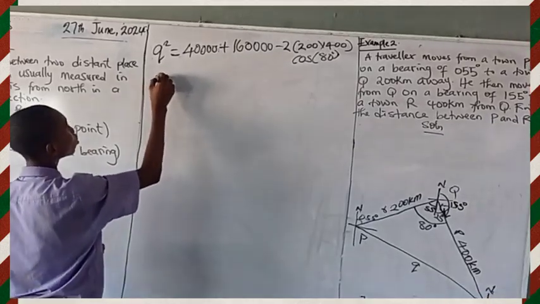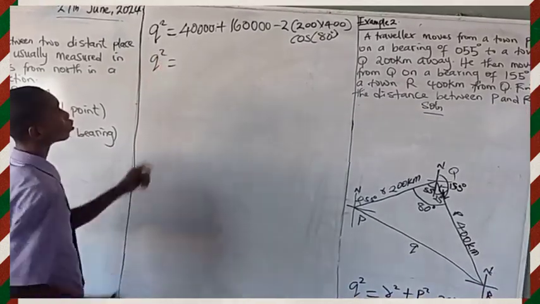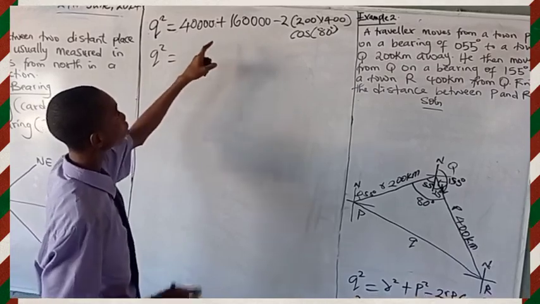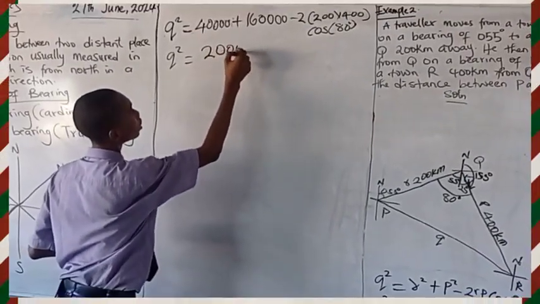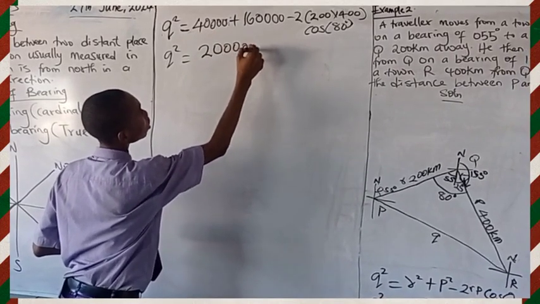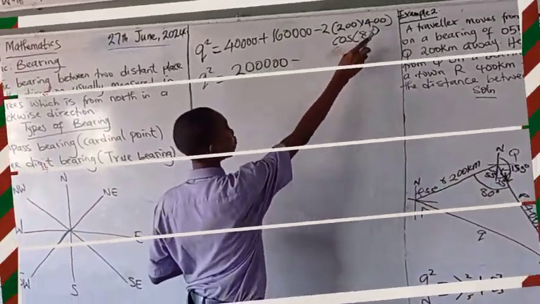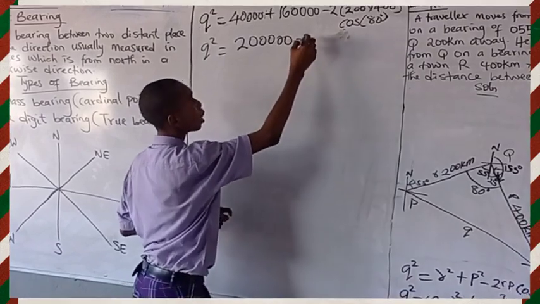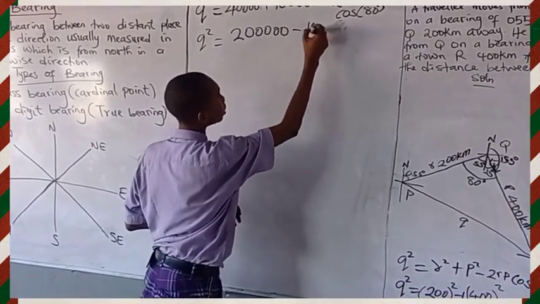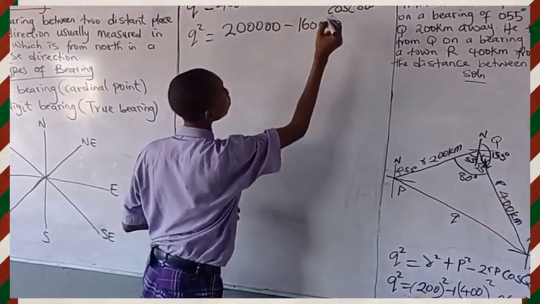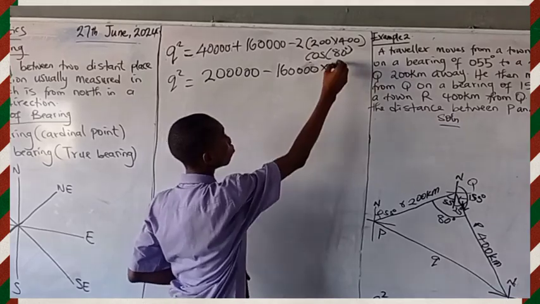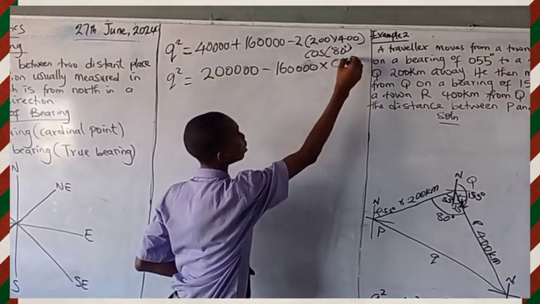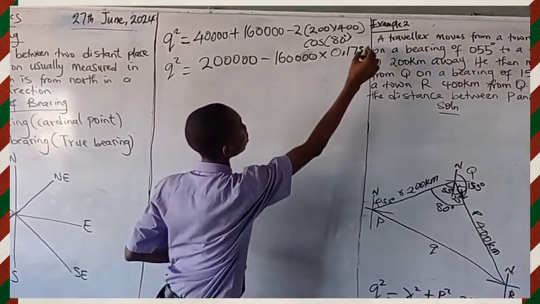Now q square will be equal to 40,000 plus 160,000 is equal to 200,000, minus 2 times 200 times 400, which is minus 160,000, times cos 80. You can punch it in the calculator now: 0.1736.